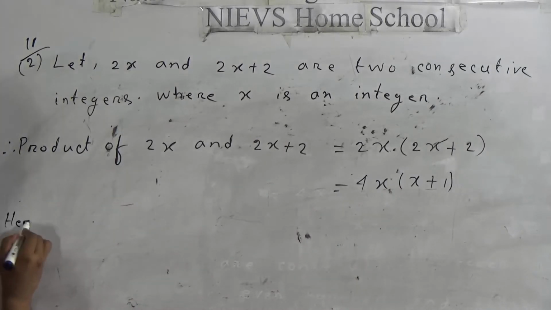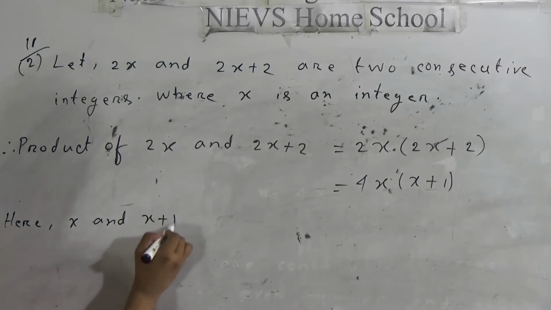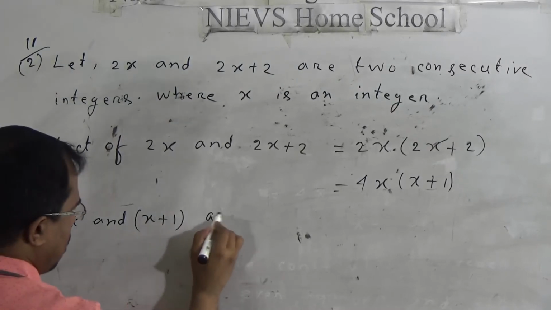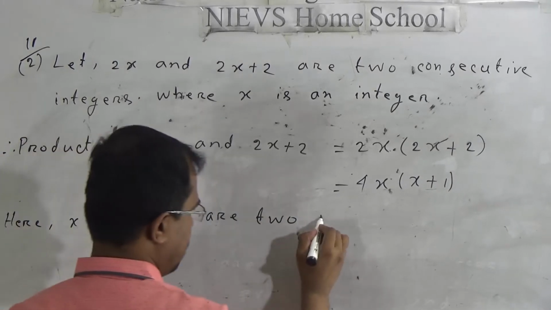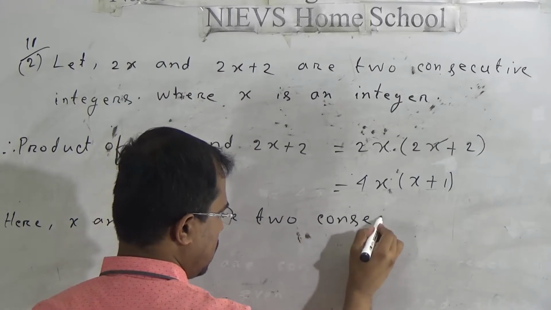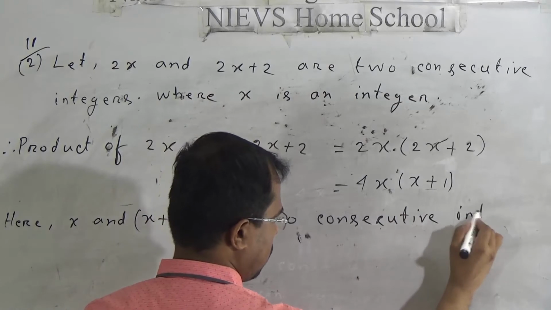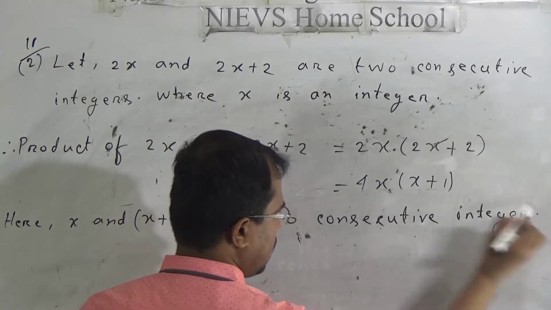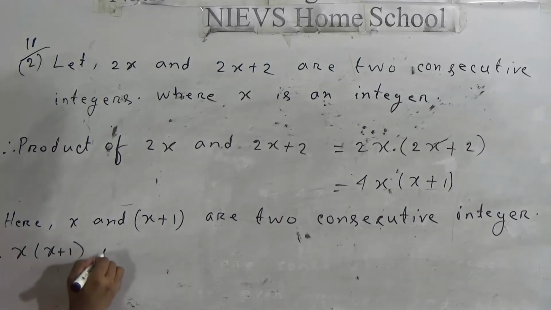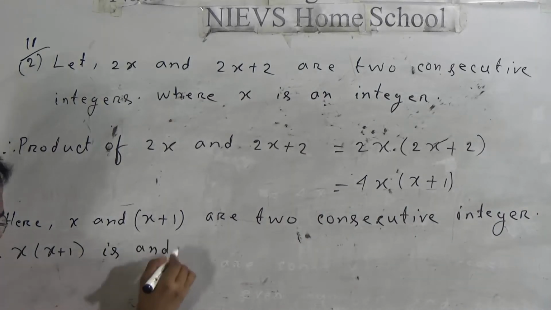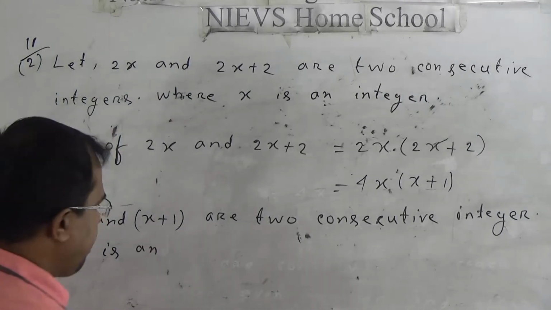Here x and x plus 1 are two consecutive integers. Therefore, x into x plus 1 is an even number.